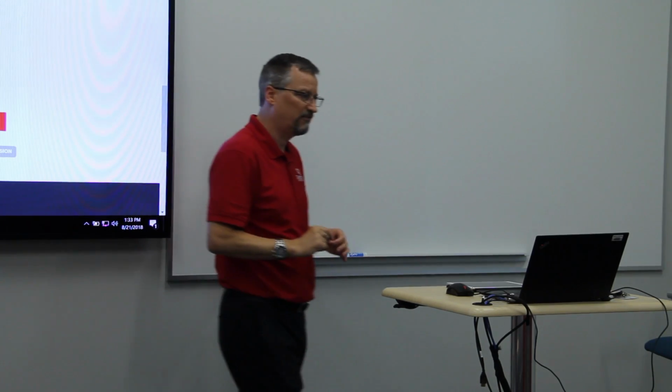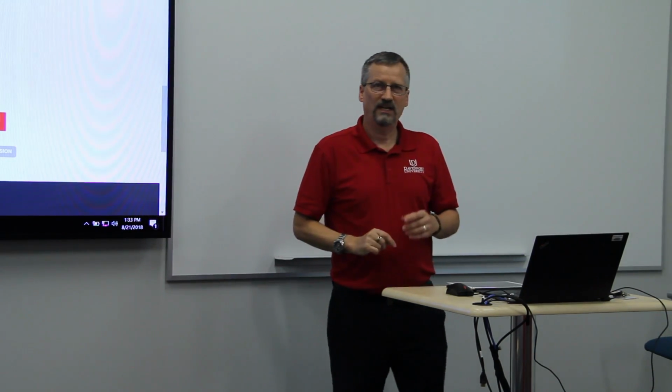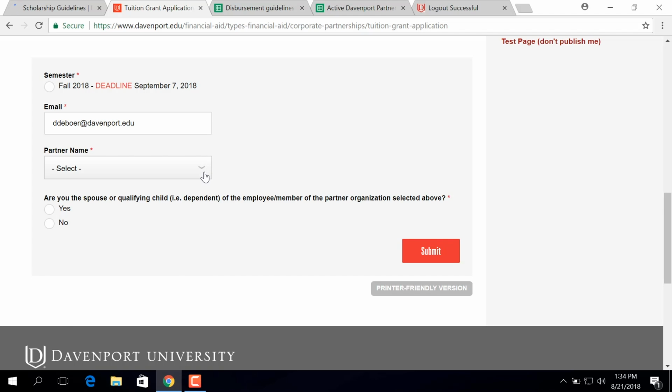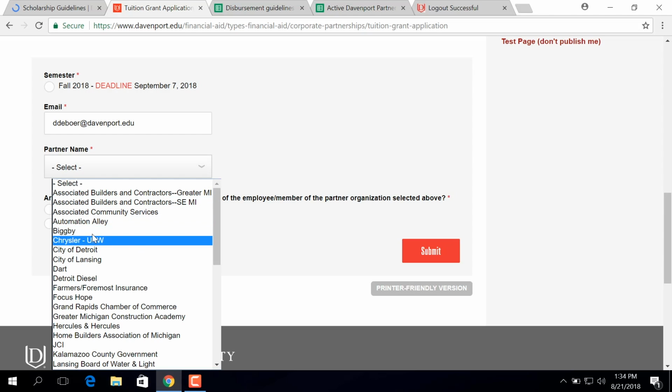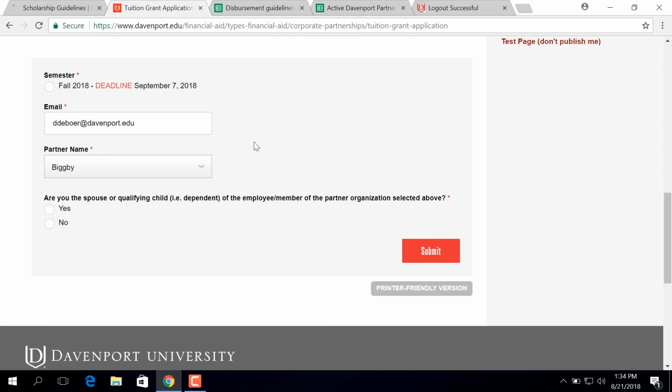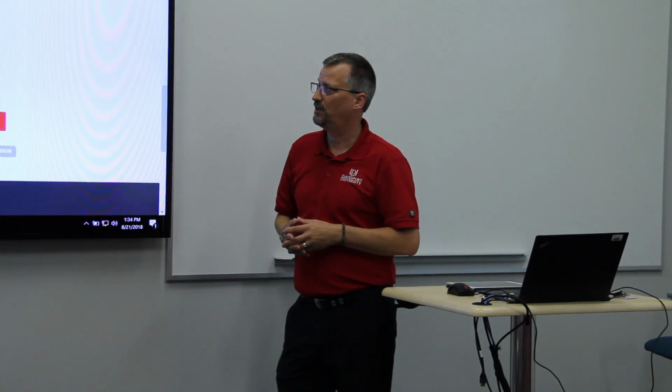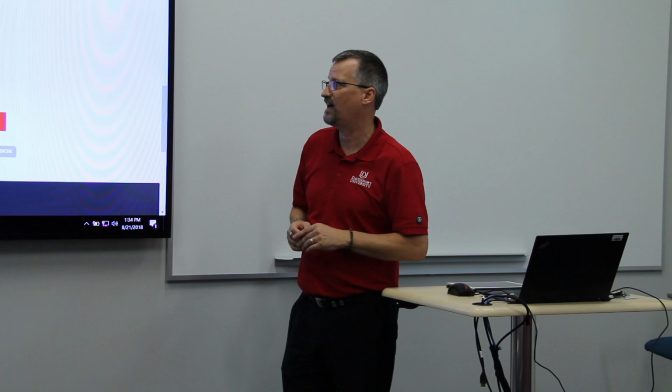One of the changes we've made, based on feedback from students, is to give them the whole list. So when they say, I'm applying for the Bigby discount, they simply scroll through and click on Bigby. They don't just click on other and then type in Bigby some way, and that causes delays and potential miscommunication between the students and Davenport.